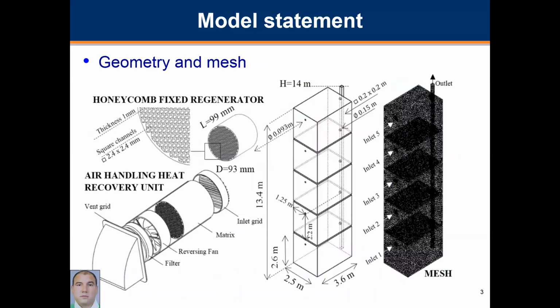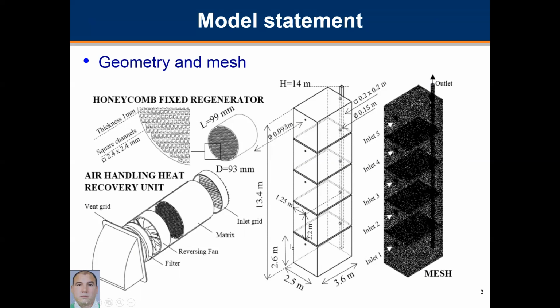The next slide is the model statement, geometry and mesh. The geometry and the dimensions of the honeycomb regenerator and the building are shown on the screen. The building has five identical rooms connected to one common chimney vent. As you can see, the regenerative air handling units are integrated into the outer wall of the rooms.